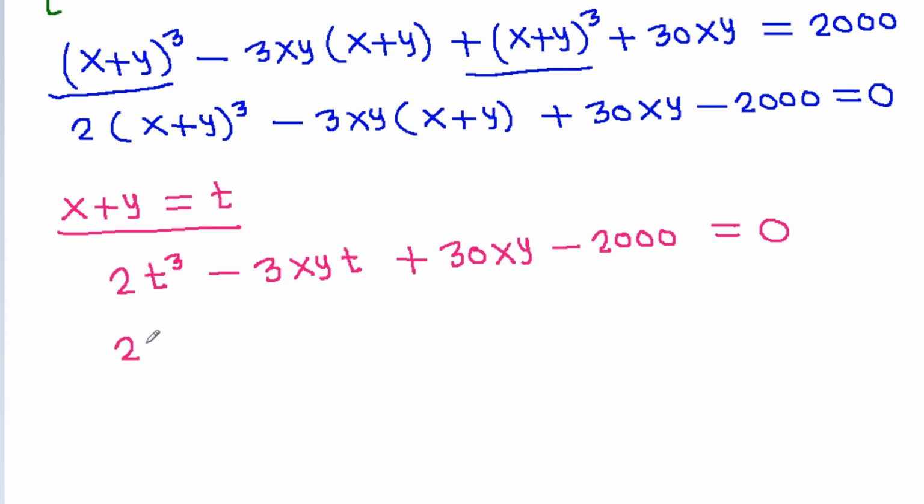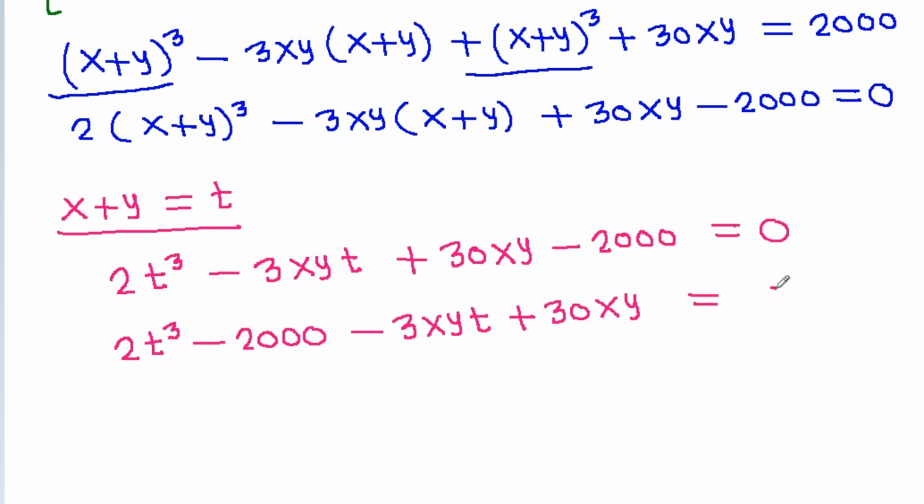And it is 2t cube minus 2000 minus 3xyt plus 30xy is equal to 0. And here we can take 2 common, and it is t cube minus 1000.